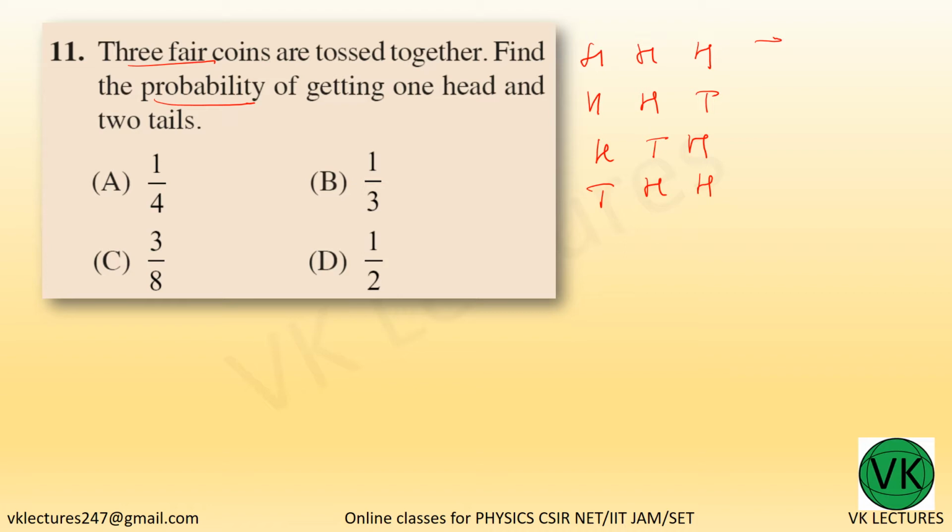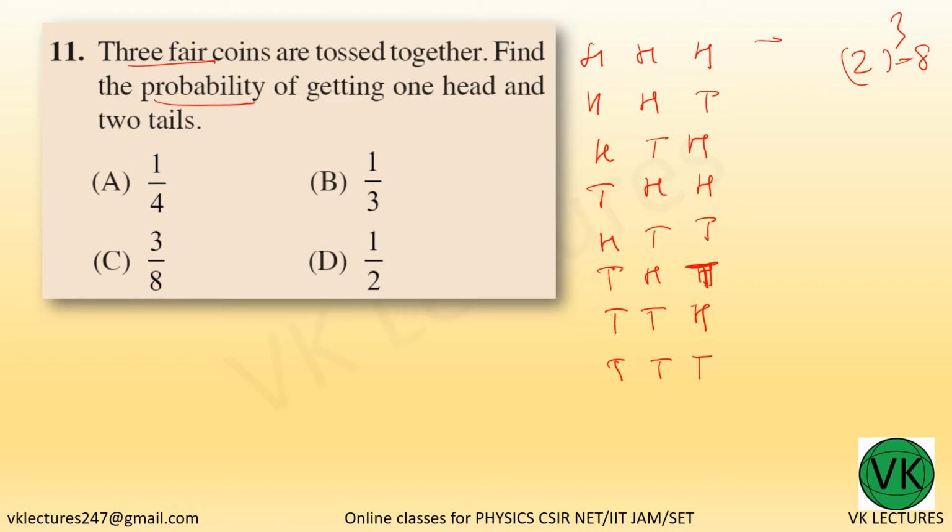Now combination of one head: HTT, THT, then TTH, over the combination of 0 heads or 3 tails. So 1, 2, 3, 4, 5, 6, 7, 8. So 2 to the power 3, 8 combinations.